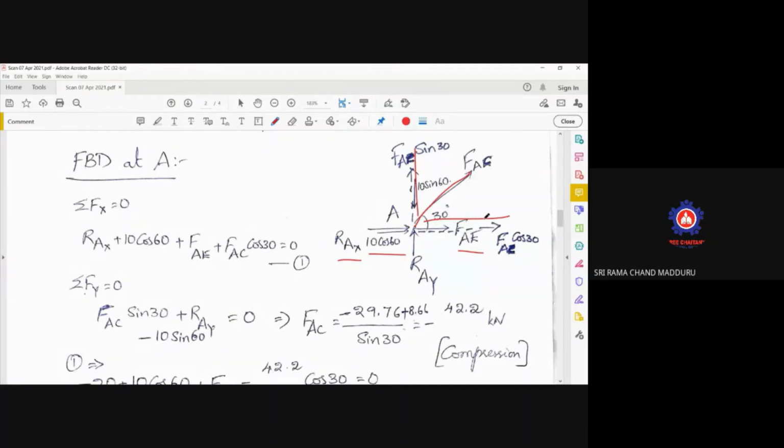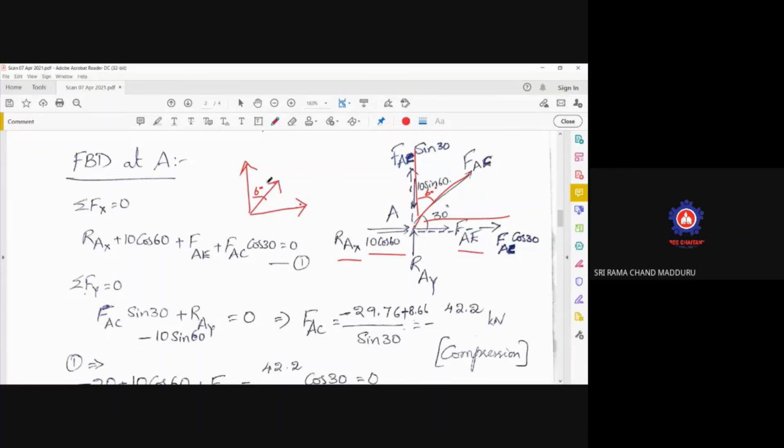Here, some of the students are asking a doubt. Why can't we take this angle 60 degrees? Yes, you can take this angle also. For example, see, if a force is like this, and this force is to be resolved along this direction and along this direction.